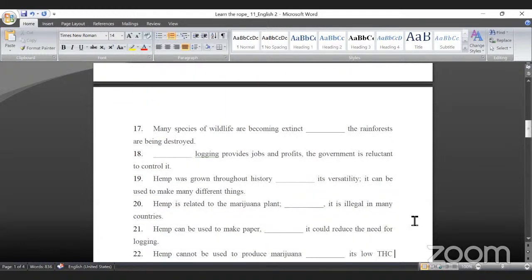17th one. Many species of wildlife are becoming extinct, dash the rainforests are being destroyed. Because of. Since the rainforests are being destroyed, or anything else that you want to use. Because the rainforests are being destroyed.